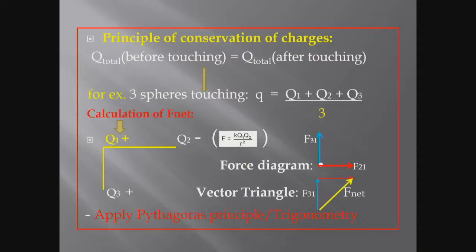So like I've said, the scenario can be about three charges, three spheres at right angles to each other, or they can be placed linear. So the only difference, if they are placed linear, you're not going to get a vector triangle, and you're not going to use Pythagoras. You're only going to add or subtract the two values from each other, looking at your force diagram, and then you get the magnitude and direction.